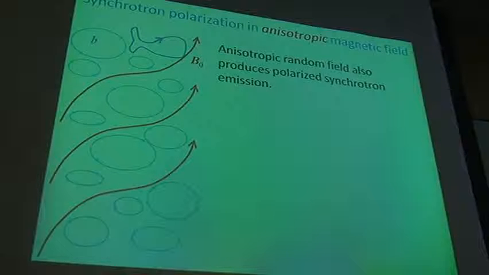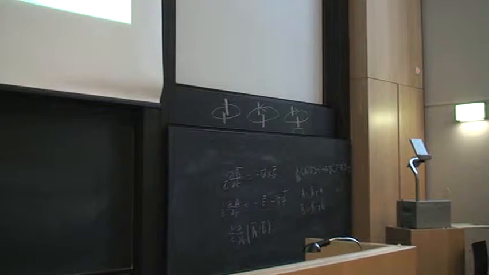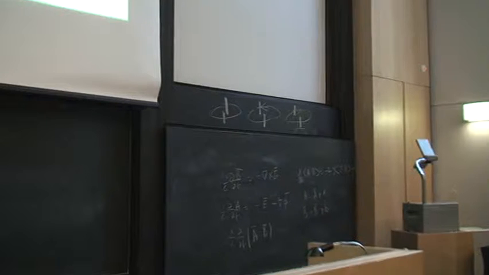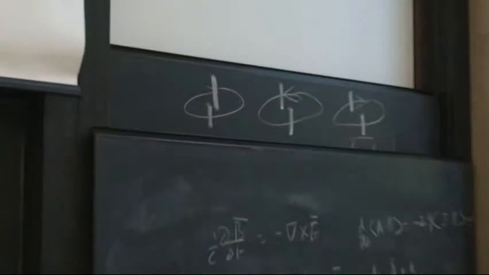Because the polarization plane is sensitive to the orientation of the field, this will produce polarized emission with this orientation of the E vector. Likewise here, and here, and here. So the result will be polarized emission, even though the field is purely random, and its average value is equal to 0. Still you can calculate, and with Dmitry Sokolov and other authors, we have made these calculations.